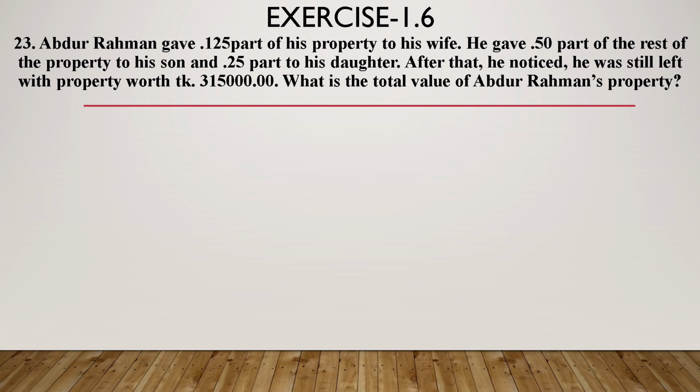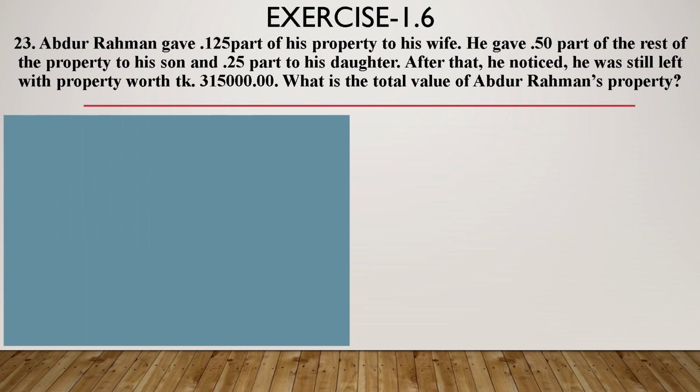Now problem number 23 from exercise 1.6. You can see the problem. Abdur Rahman gave 0.125 part of his property to his wife.